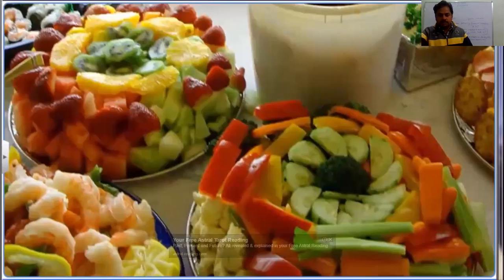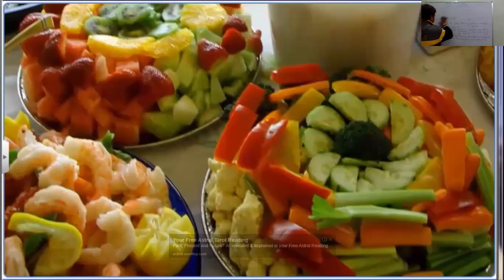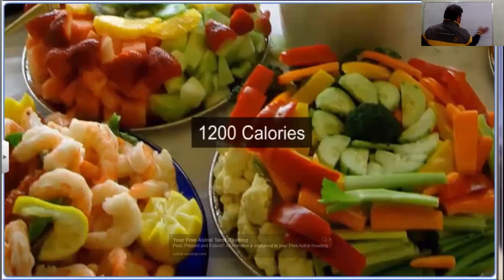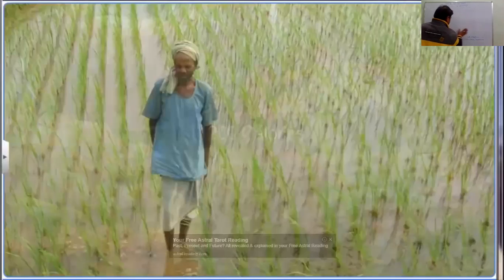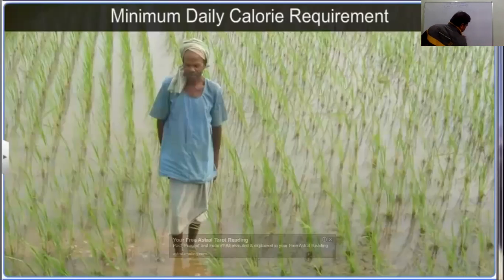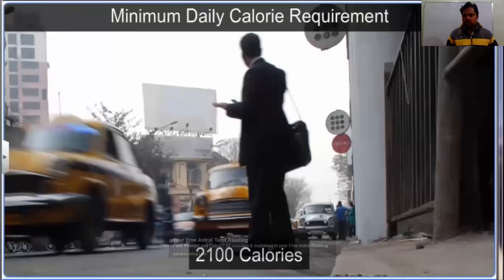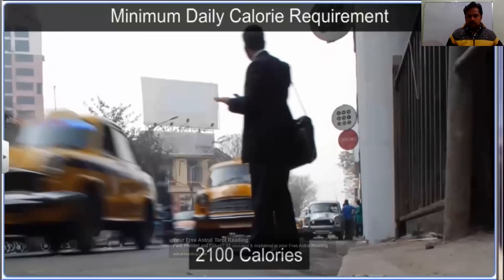So, how does one decide what is the minimum requirement of food? This is done by taking the minimum calorie requirement into consideration. In India, the minimum daily requirement is fixed at 2,400 calories per person in rural areas and 2,100 calories per person in urban areas.